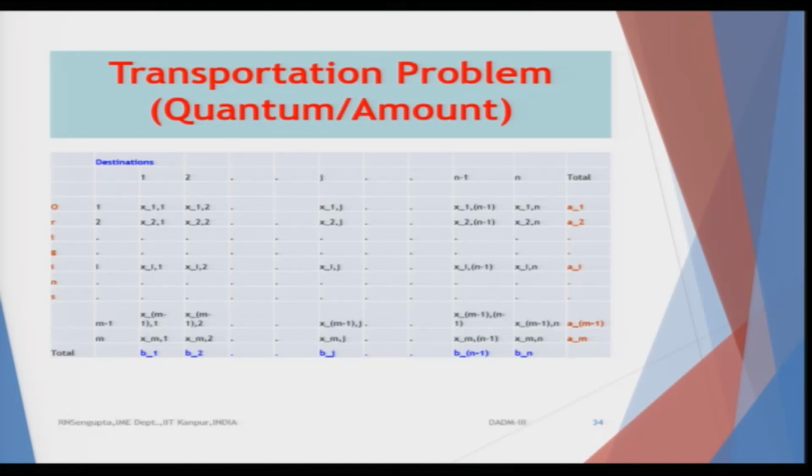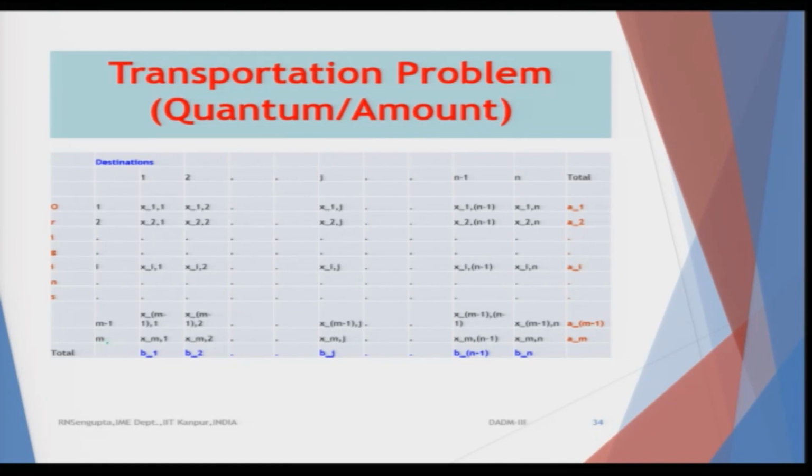If I add up all these values, starting from x m minus 1 1, x m minus 1 2 till the second last one x m minus 1 n minus 1 plus x m minus 1 n, it gives me the value on the right hand side, a suffix m minus 1.